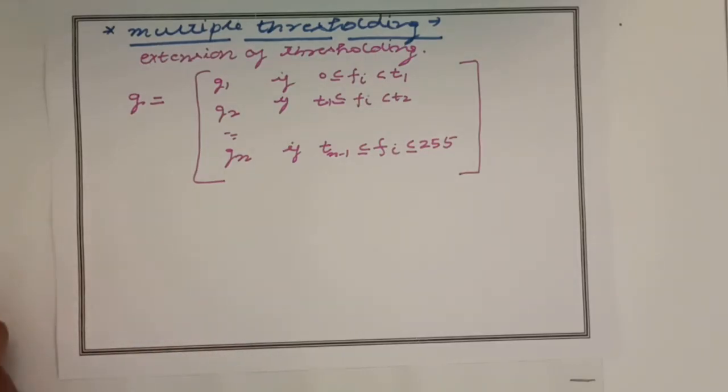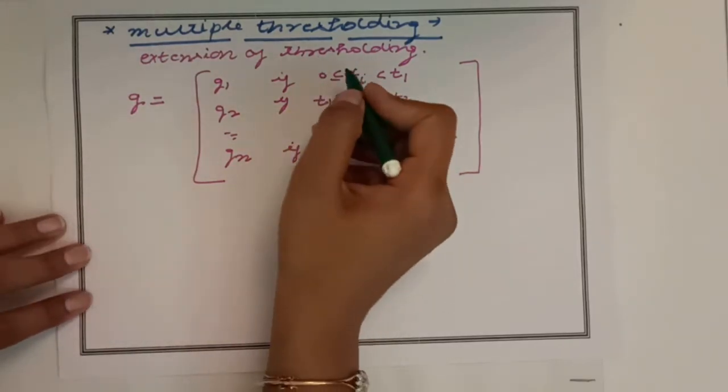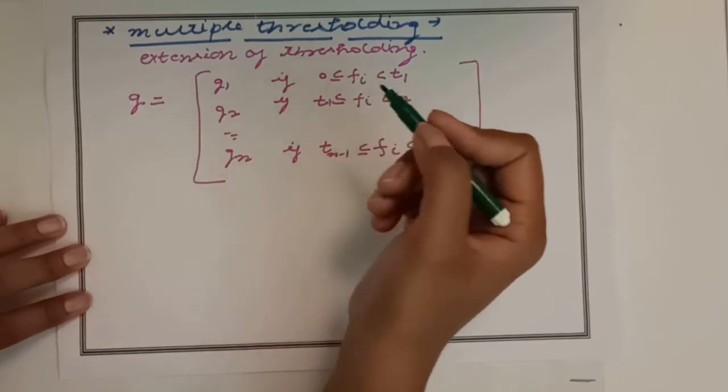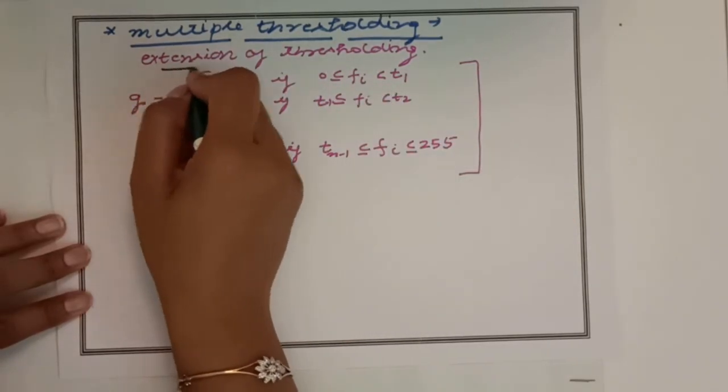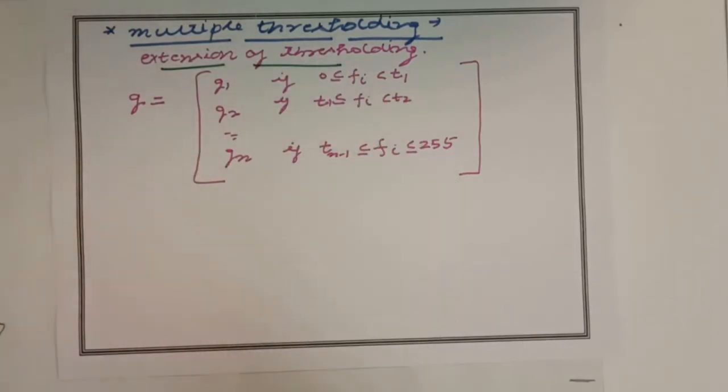So this is how the number of threshold levels can be increased, and it is said to be the extension of thresholding. So this is all about the three possible cases for the given image, how to apply them, how to determine the multiple levels, and how to produce an enhanced image.